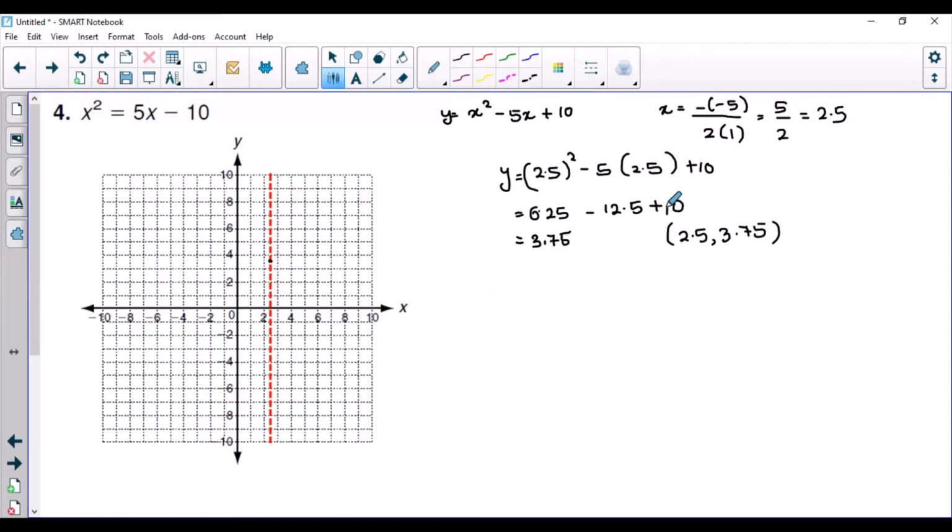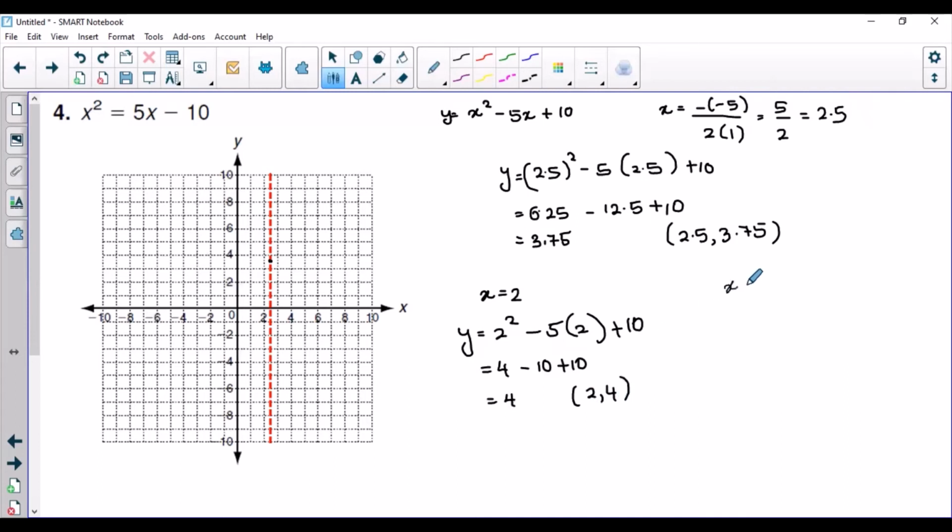Now let's find the value of y using two more values of x. X is 2.5. We can use x is equal to 2. If you use x is equal to 2, your answer would be 2 squared minus 5 multiplied by 2 plus 10, which means it's 4 minus 10 plus 10. Eventually would give you a 4. The coordinate is going to be 2, 4.